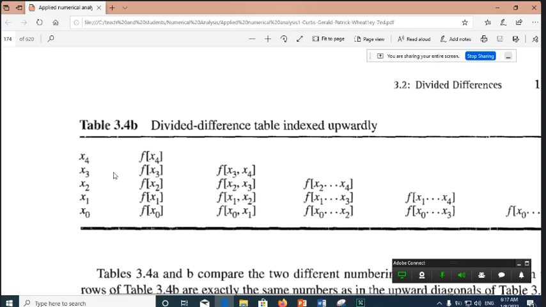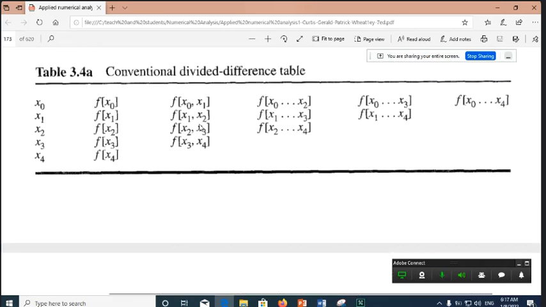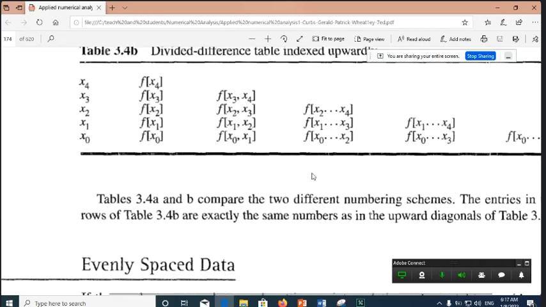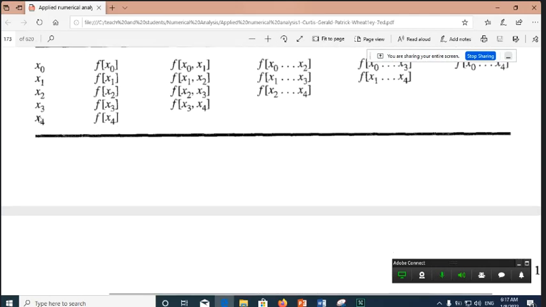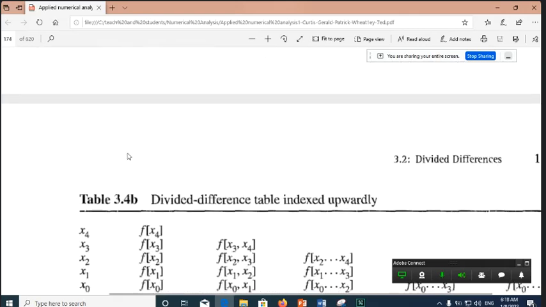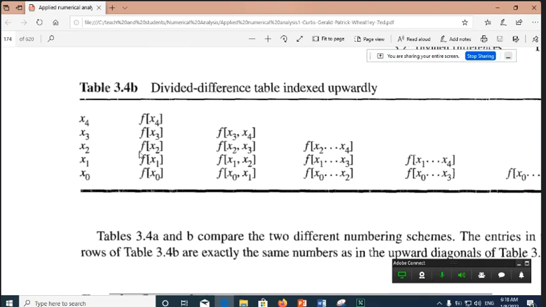The values of this table are the same as this, but we reorder the arrangement of the points. For example, from x0, x1, x2, x3, x4, we use just the opposite, x4, x3, x2, x1, and x0, and we have this table.